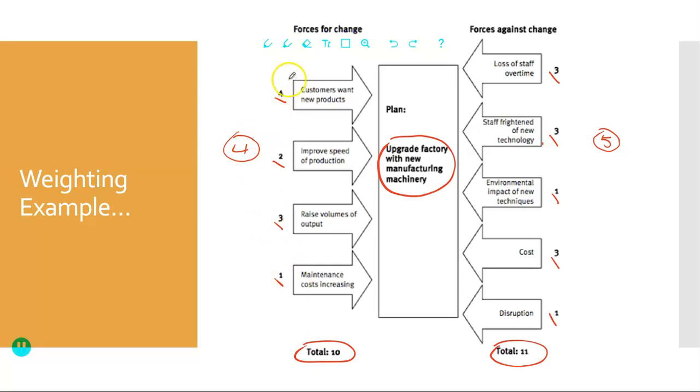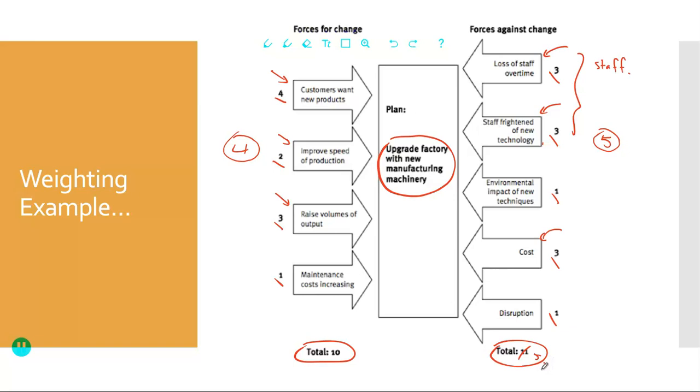The driving forces are that the customers want the new product and it will improve the speed of production and we will make more. But the big restraining forces of cost, their employees aren't happy because they're going to lose staff over time, and the staff are frightened of new technology. So you can start to see that the cost might be a little bit hard to manage, but if we can help our staff and help them see that this isn't as big a problem, and if we can eliminate those, it's going to be 10 to 5.